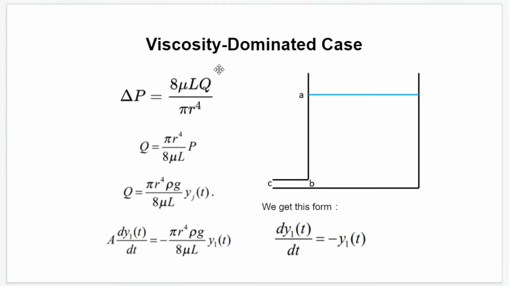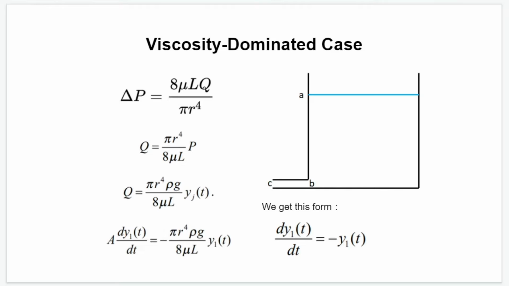The next case is the viscosity dominant case, and we assume our container looks like this picture. It has a thin tube attached to the bottom of the container, where the water will flow out. Then we use Hagen-Poiseuille's law to solve this problem.